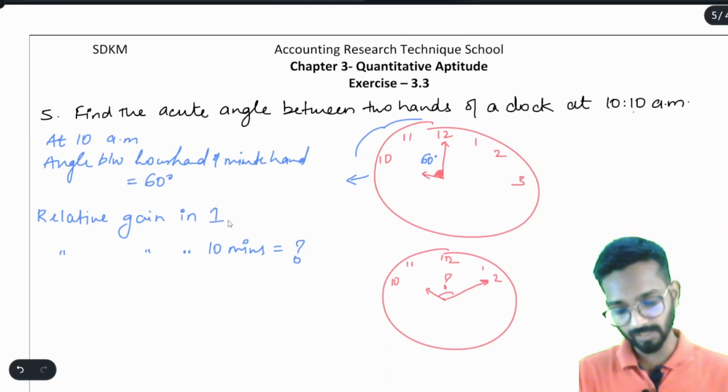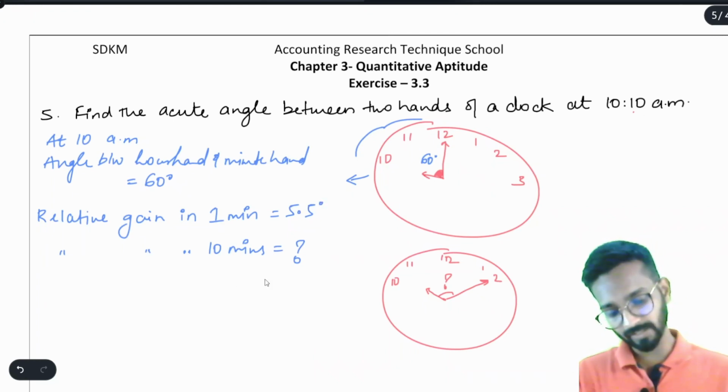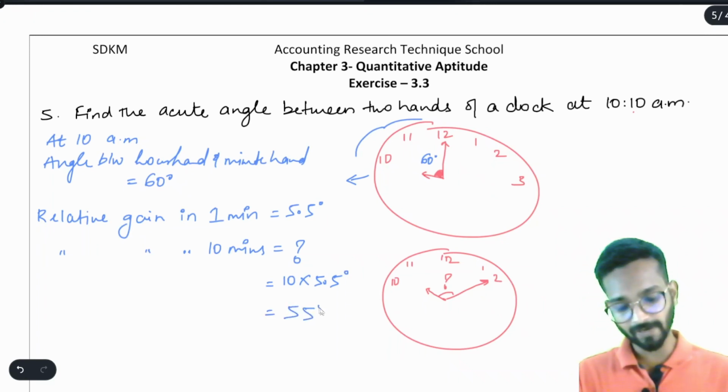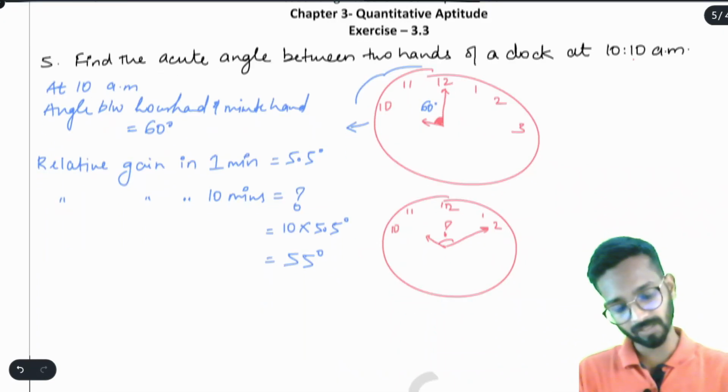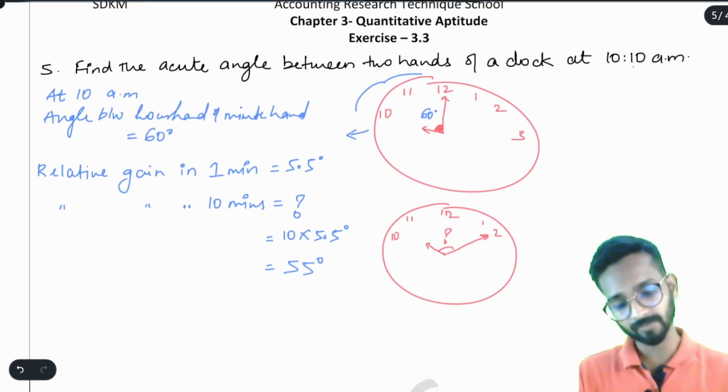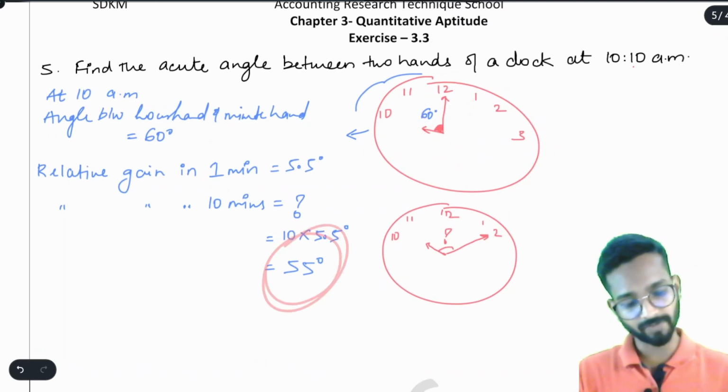First we should know the relative gain in 1 minute. Relative gain in 1 minute is 5.5 degrees. So, in 10 minutes it will be 10 into 5.5 degrees. So, totally 55 degrees will be increased. The angle is already 60 degrees here. Relative gain will be 55.